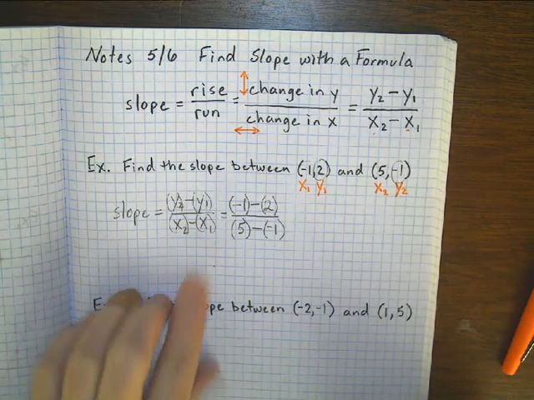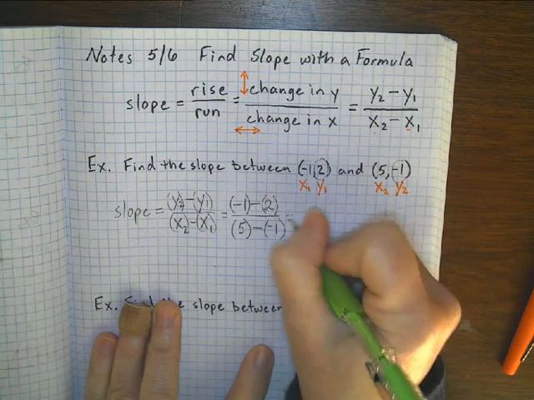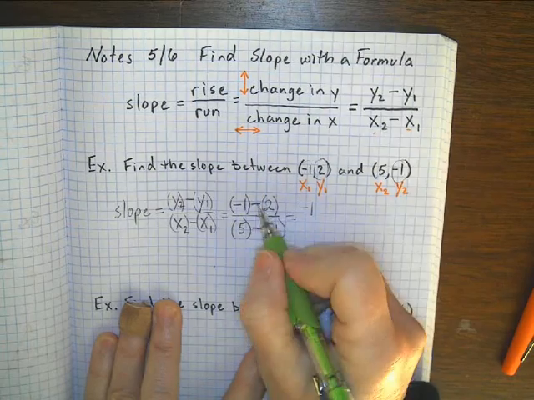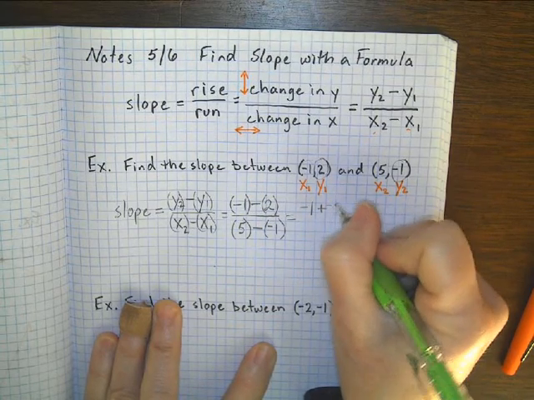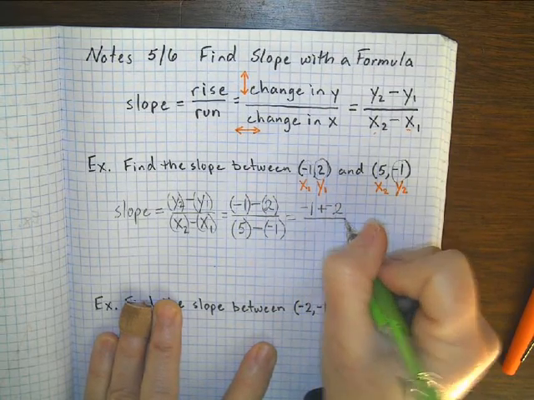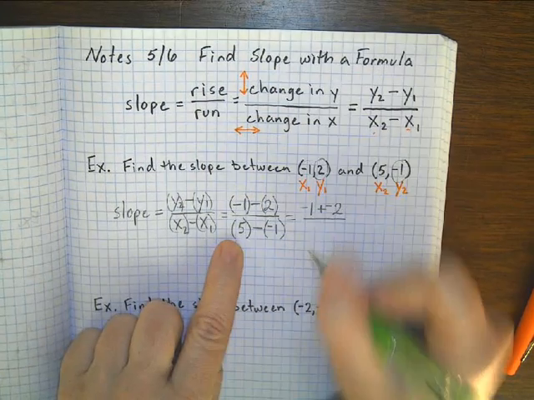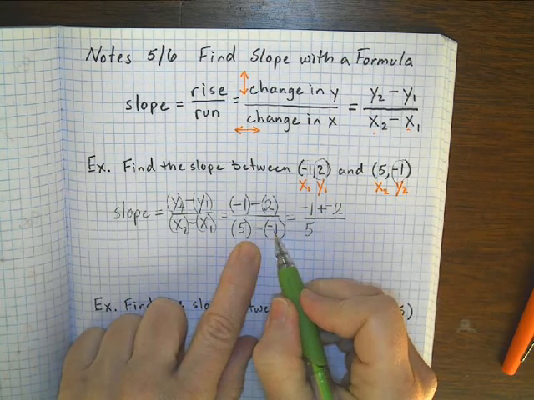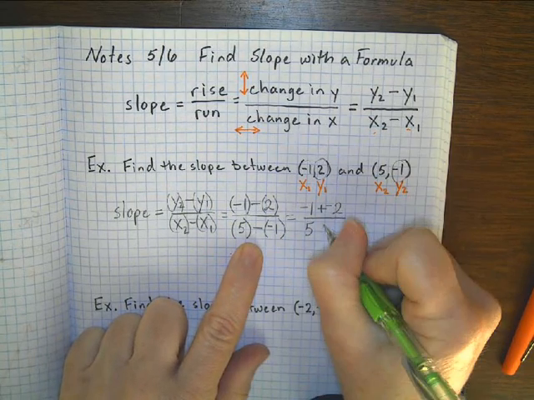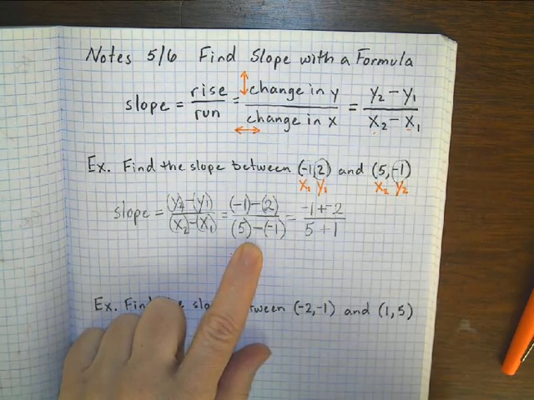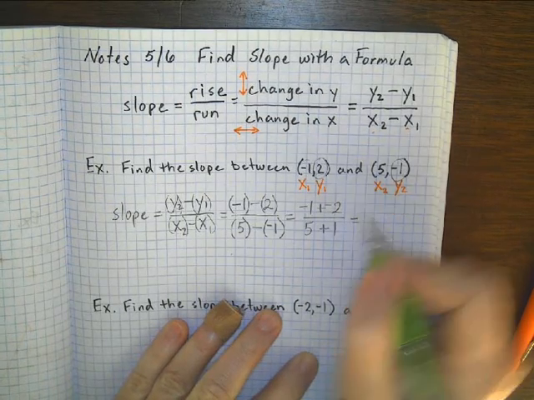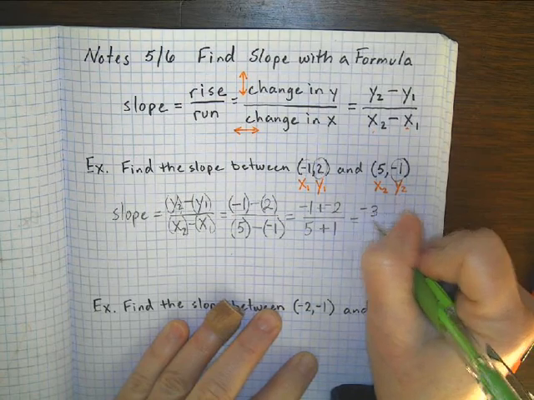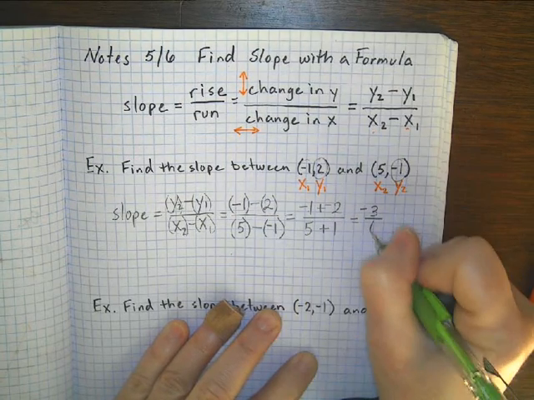Okay? So now I can rewrite these to make it easier to simplify. -1, change this to adding the opposite. So I'm rewriting. This one is 5. And then I have minus a negative, so that changes to a plus 1. And then if I simplify, -1 plus -2 is -3. 5 plus 1 is 6.